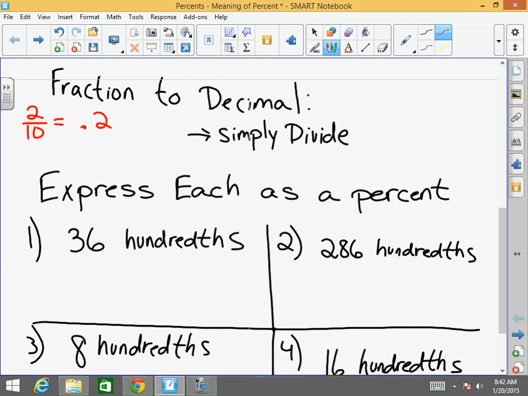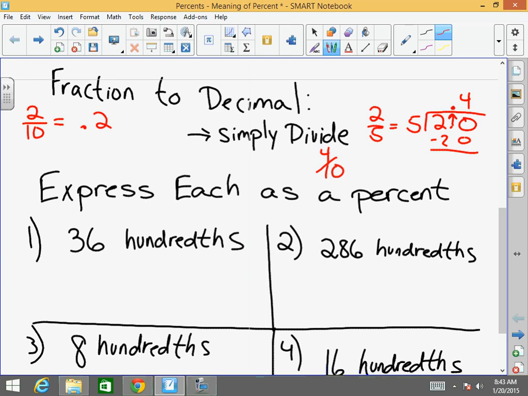Or, let's say I have 2/5. I simply divide. 5 goes on the outside, 2.0 goes on the inside. Bring that decimal up. 5 goes into 20 4 times. So that's 0.4. And 0.4 can be read as 4/10. Very good. We're going to worry about turning that into a percent later, but we're just going back to the past for a second. We've always got to remember the past.